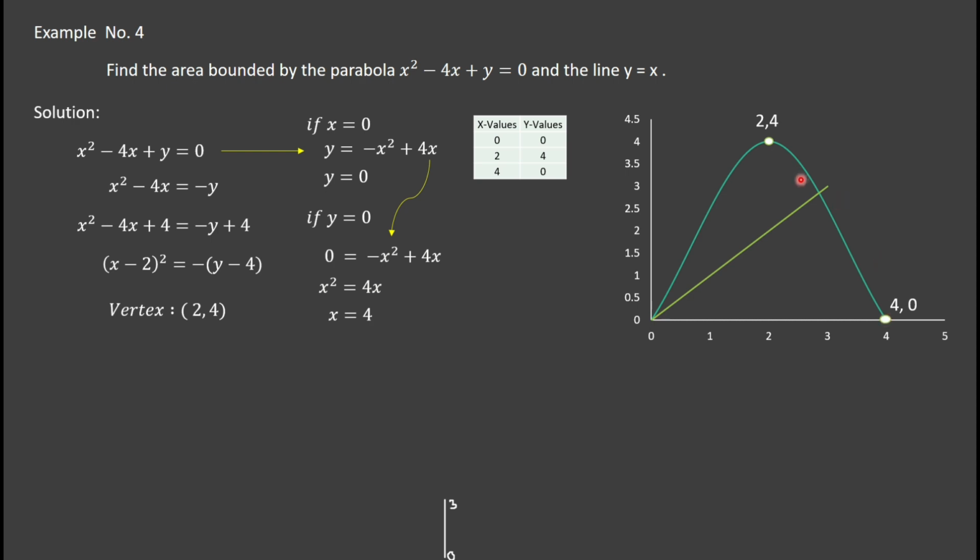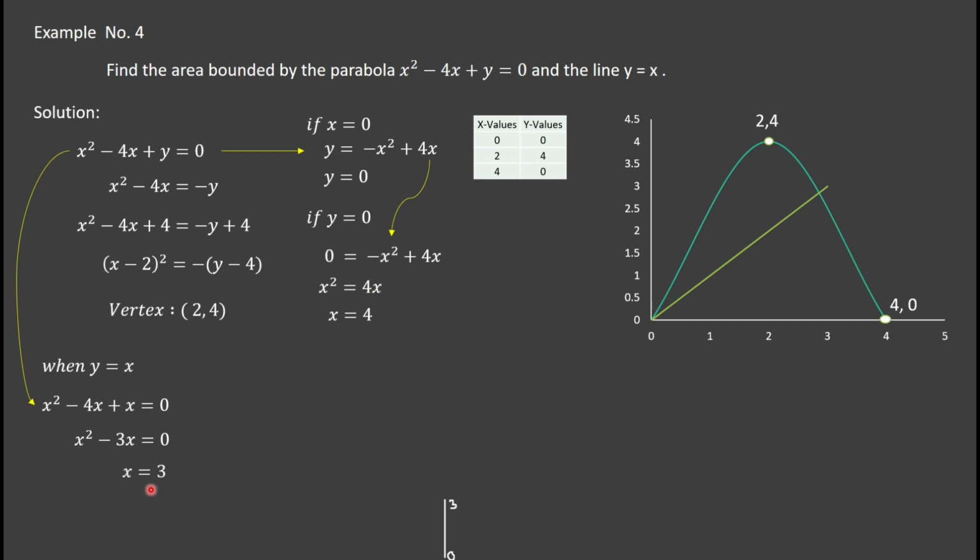So to find the coordinates of the intercept of the line, take note that y is equal to x, so we can now substitute x here. Since this is y, we change it into x, so x squared minus 4x plus x is equal to 0, or x squared minus 3x is equal to 0.